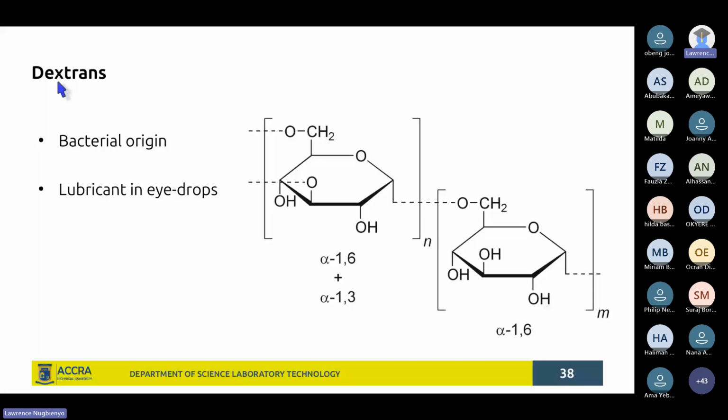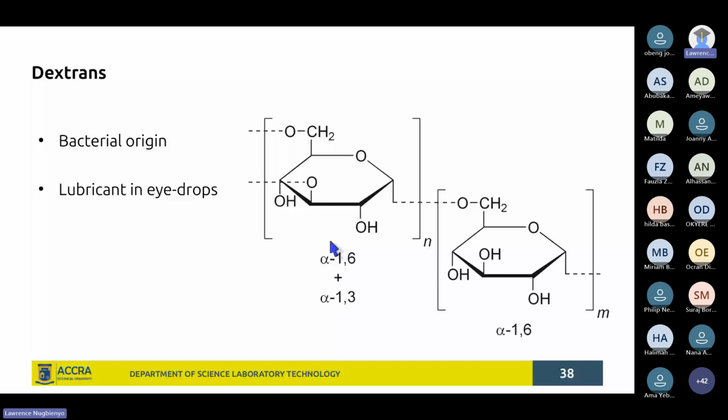And why plaques are so hard: you can see the types of bonds between these monosaccharide units are the 1,6-glycosidic bond and then the 1,3-glycosidic bond. So there is more bonding between the monosaccharides. That will make it more difficult for dextran to be broken down.